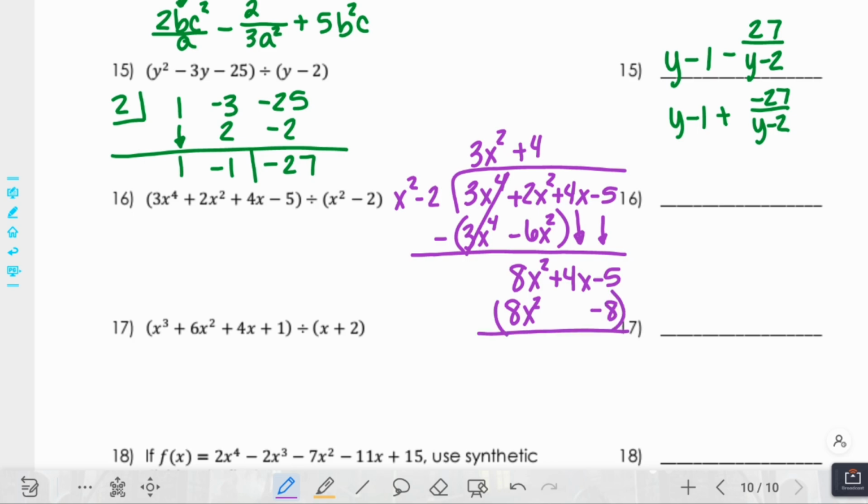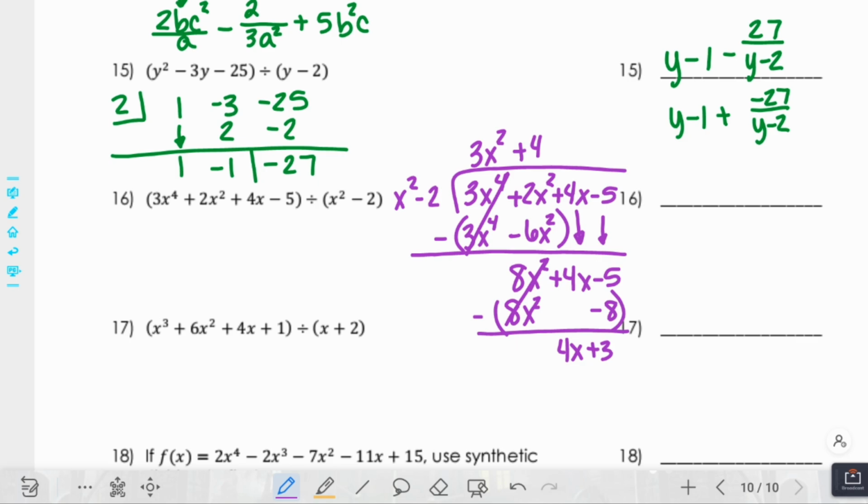Once again, read it out loud. 8x squared minus 8x squared is gone. Bring down your 4x. Negative 5 minus negative 8 is the same thing as negative 5 plus 8, which is going to give you positive 3. That's your remainder because it has a degree of 1, and you're dividing by something with a degree of 2. You stop when what's left is a degree smaller than what you're dividing by.